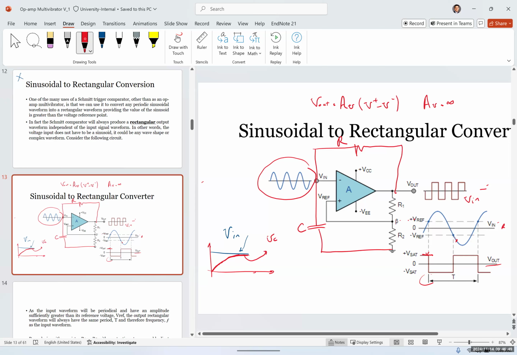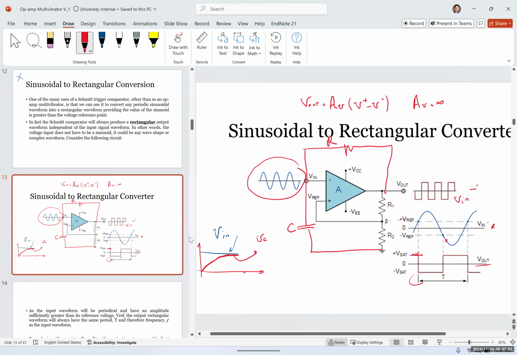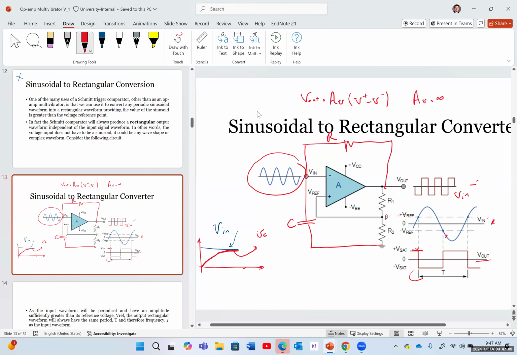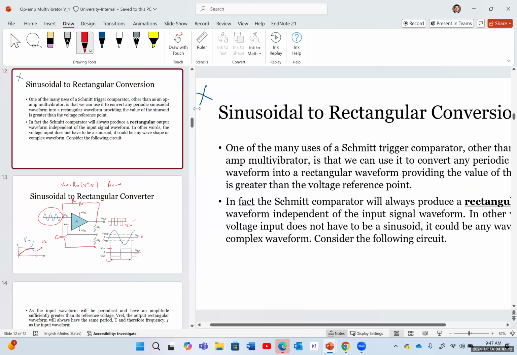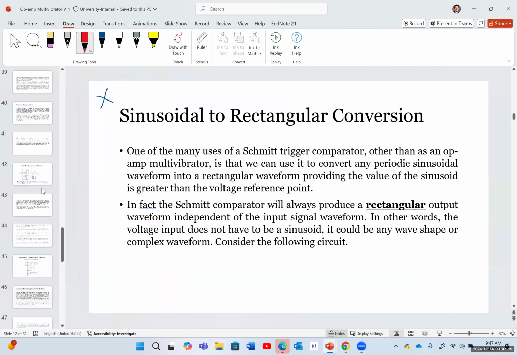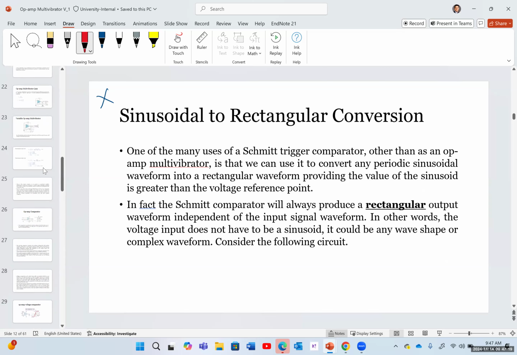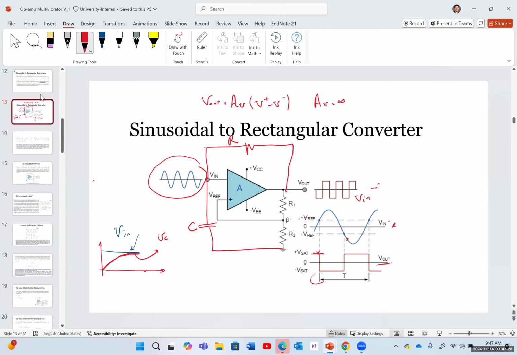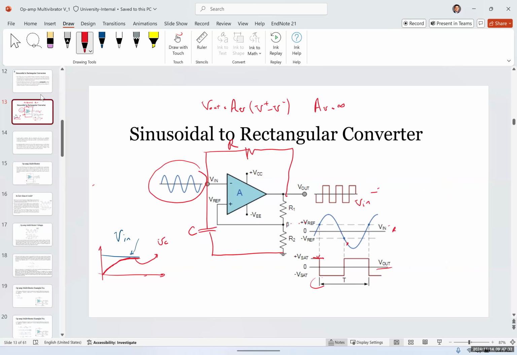It's not going to immediately follow, and it's going to almost reach the voltage of the input. And this voltage is our Vc.